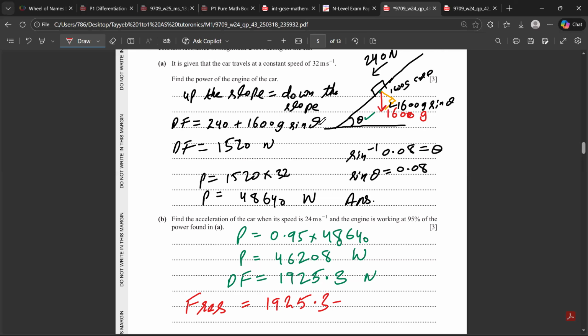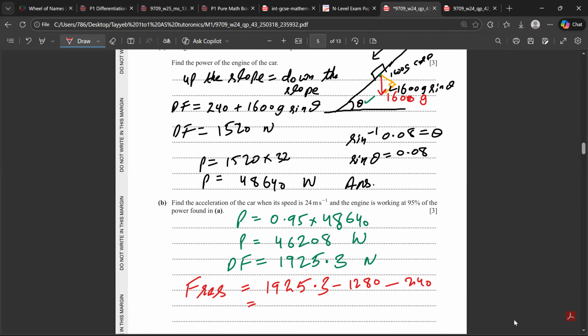No, I'm getting 1280. Weight component downwards, 1600 times 10 times 0.08, is 1280. And then there is also the resistance 240. That also we subtract because it's downwards.